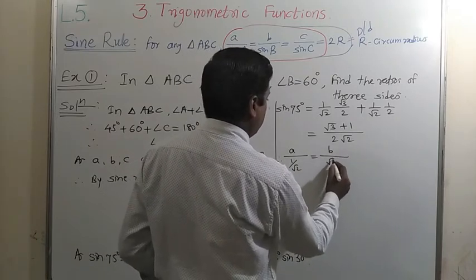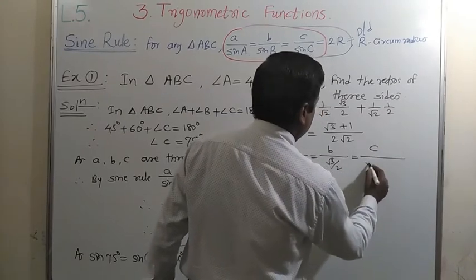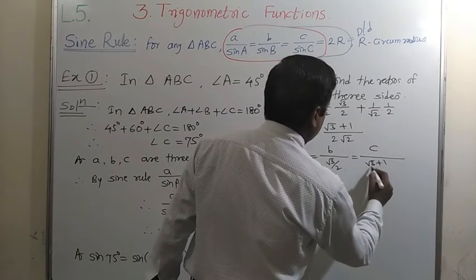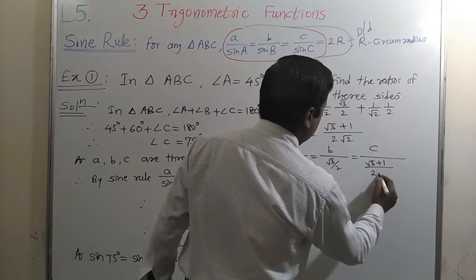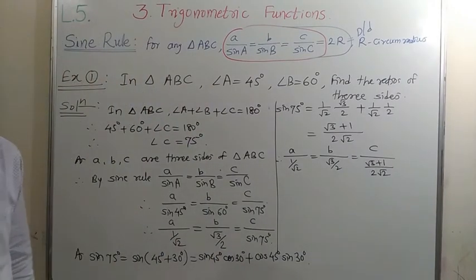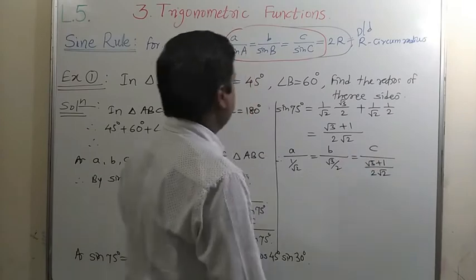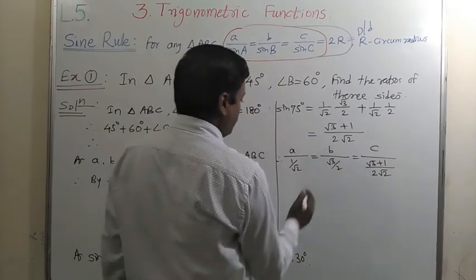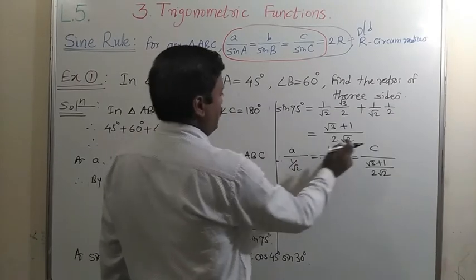Use this here, so we get a upon 1 upon root 2 is equal to b upon root 3 upon 2 is equal to c upon root 3 plus 1 upon 2 root 2. So these equal ratios give the relation between a, b, c, and from them we can write the ratio of the sides.